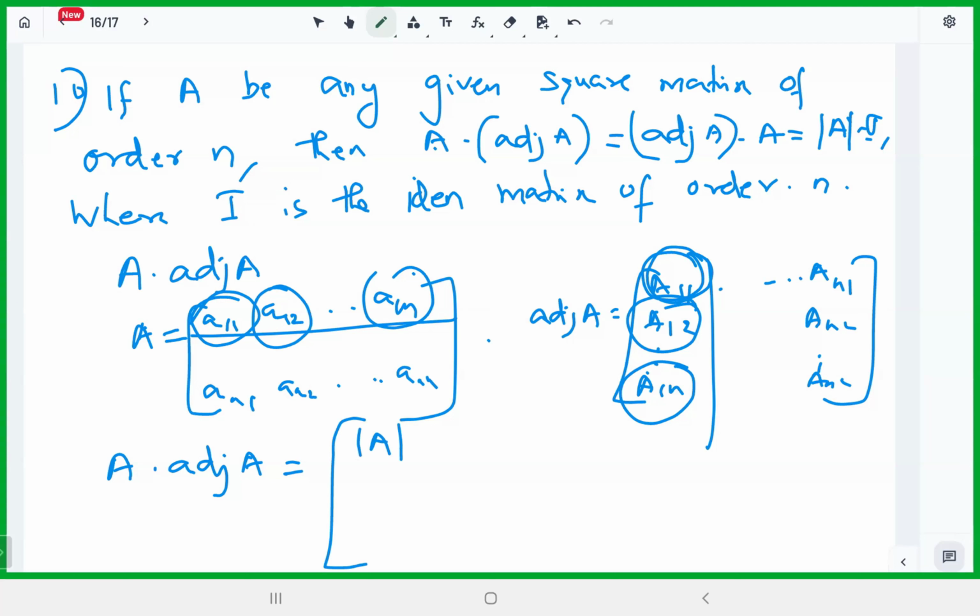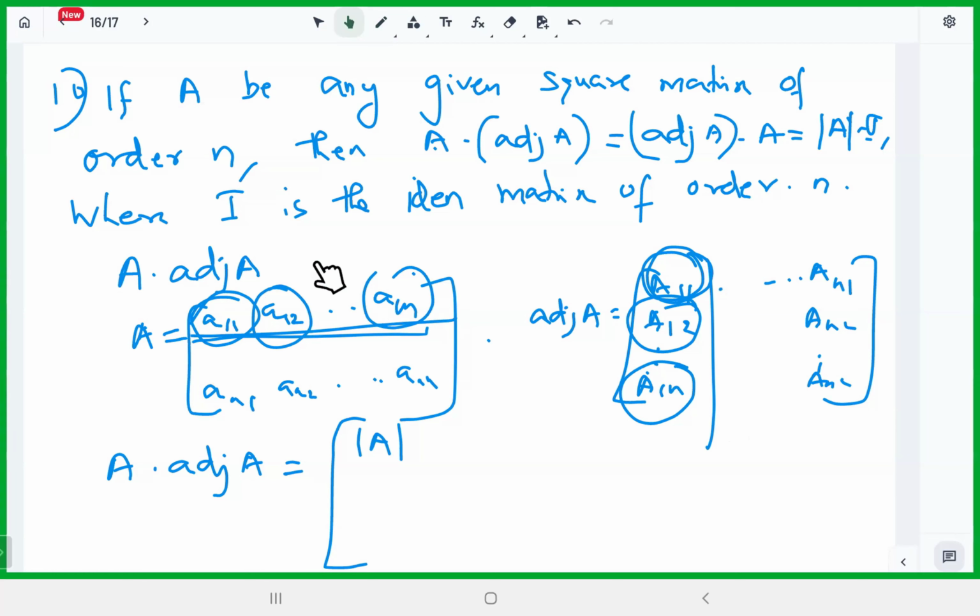And what happens to the second element? You are multiplying this row with the second column of this adjoint. The second column will be the cofactors A21, A22, etc., A2n, and these are cofactors of the second row, a different row.